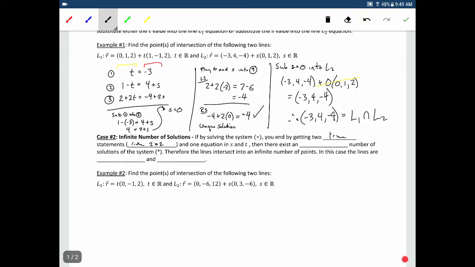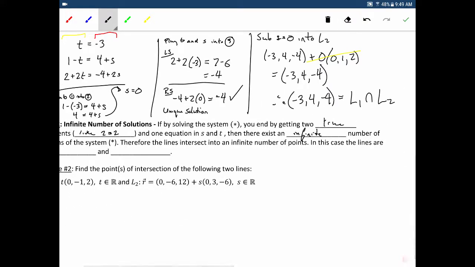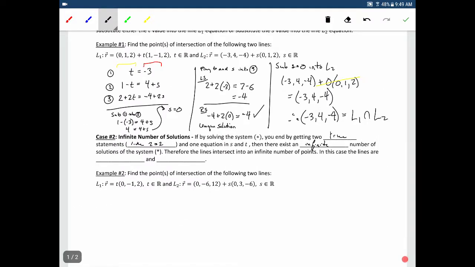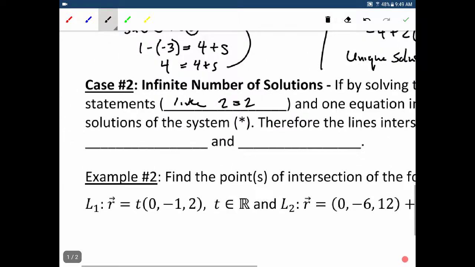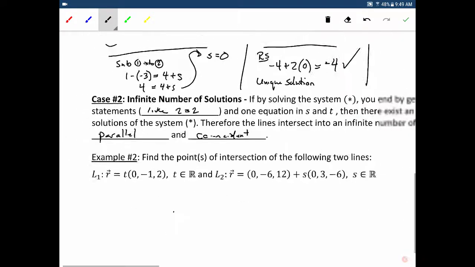And one equation in s and t, then there exists an infinite number of solutions. Okay. So, therefore, the lines intersect in an infinite number of points. So, in other words, they are parallel and coincident. Okay, so there we go. So let's look at how this works.